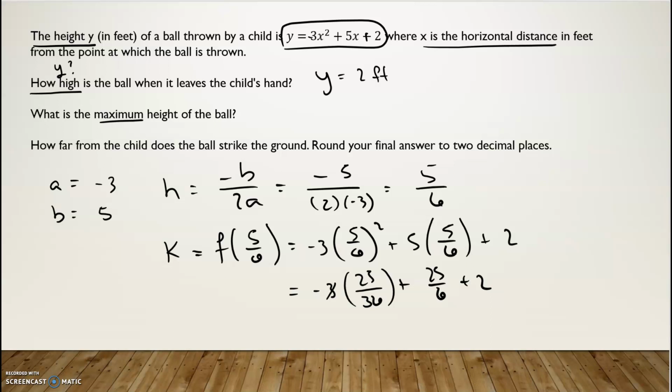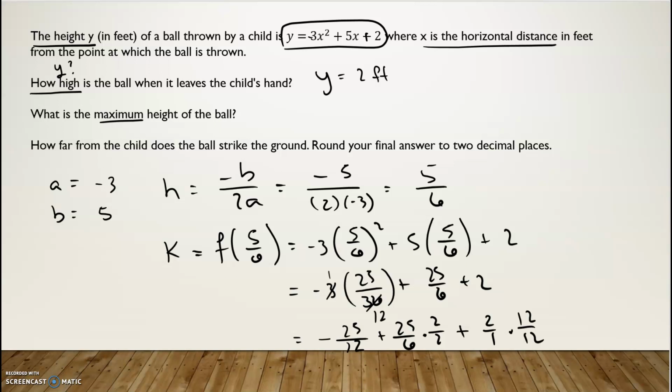Looks like I can take a 3 out here, left with 1. Take a 3 out here, and I'm left with 12. So I have -25 over 12 plus 25 over 6, and I'm going to multiply that 2 over 2, plus 2 over 1, and I'm going to multiply that 12 over 12.